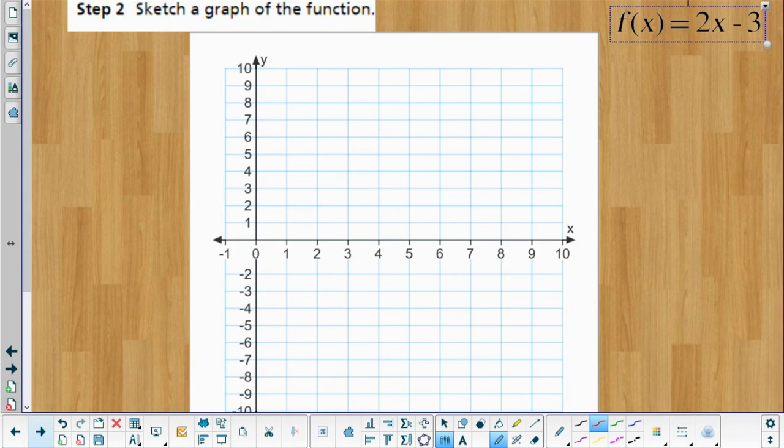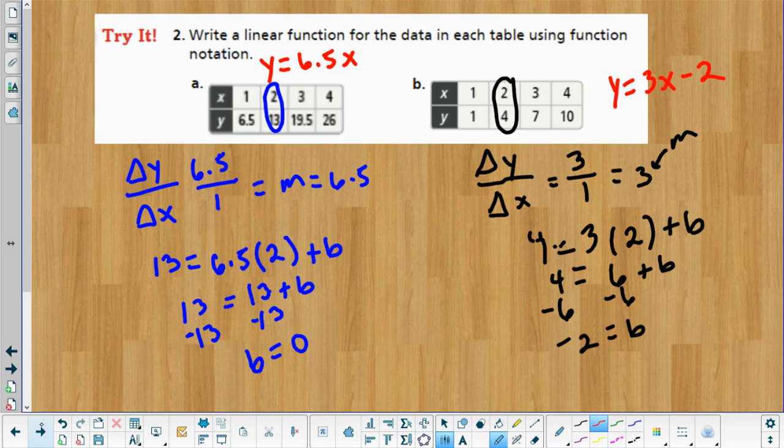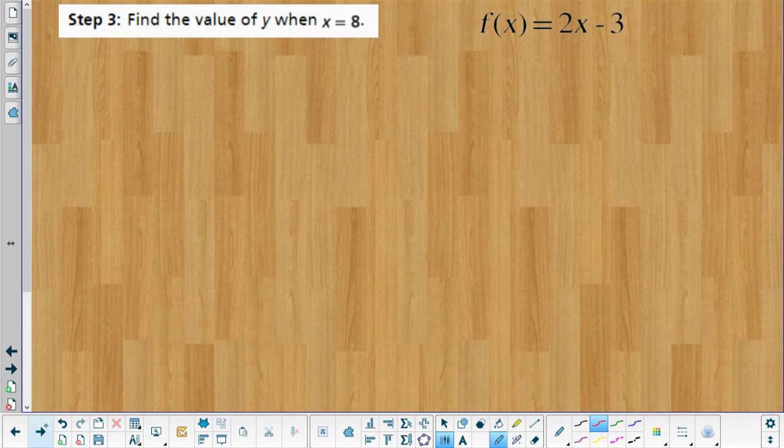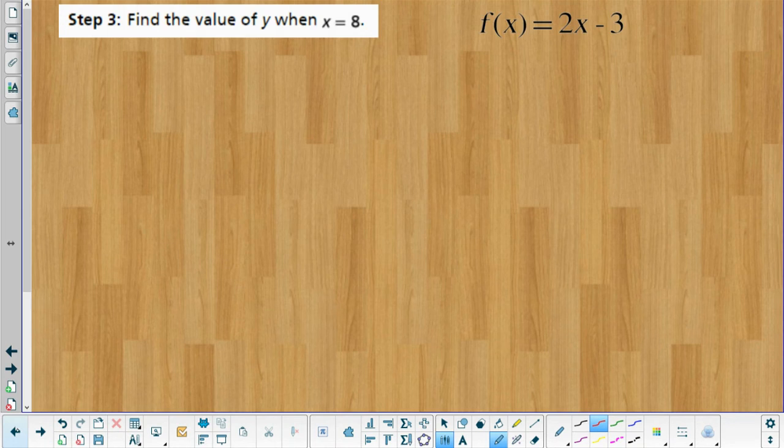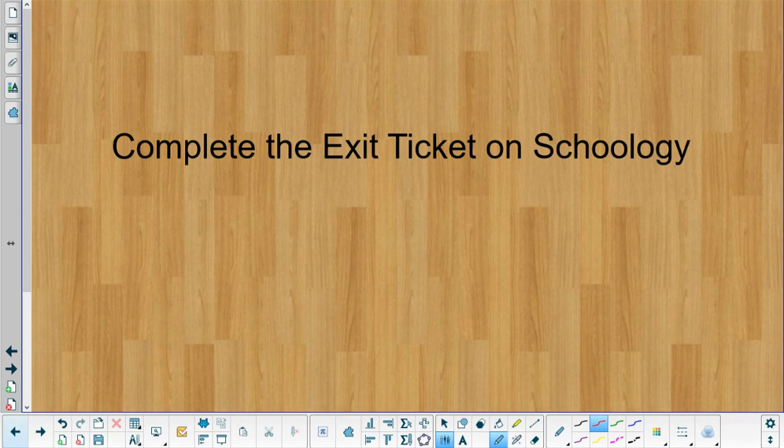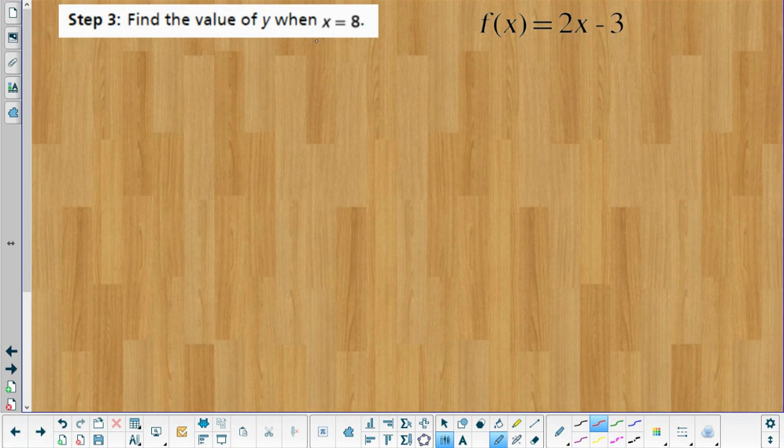All right, if we were to graph this, I think we're missing a slide here. But let's go ahead and evaluate this one for when x equals 8. That's like saying find f of 8.